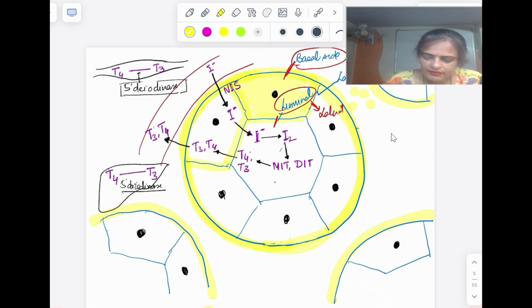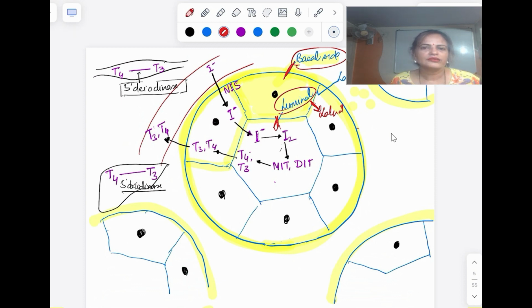It also has sides: this side is basal, and this is the luminal side, the inner side, and this is the lateral side. So on the basal side there are blood vessels, this red color, the blood vessels. This is going to give the raw material which is required for the synthesis of these T3 and T4.